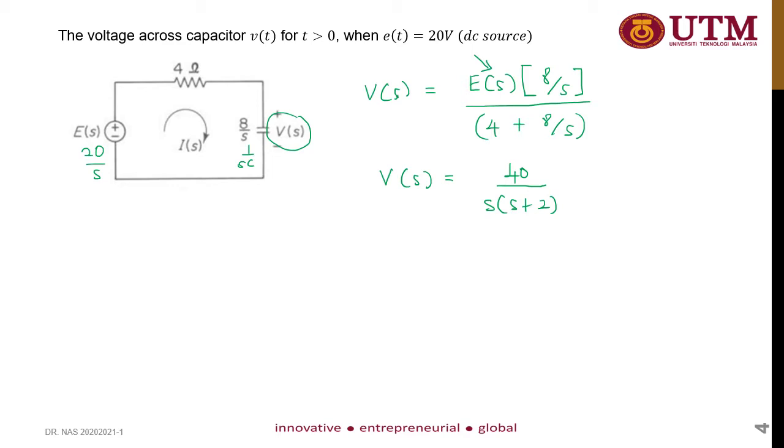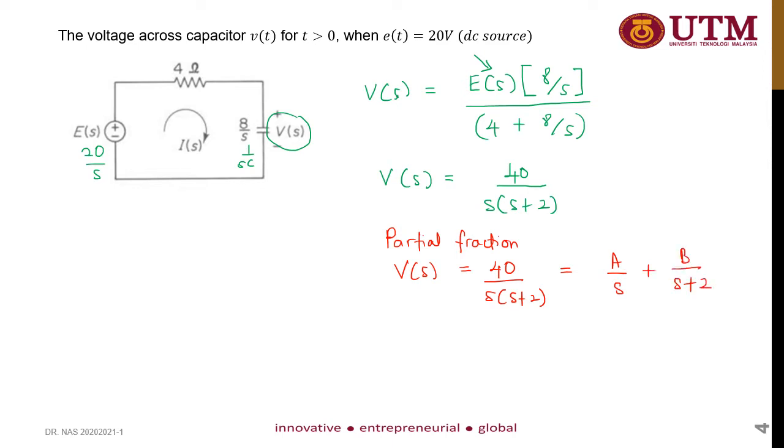From here you can use partial fraction to get the parameters A and B, in which V(s) equal to 40 divided by s plus 2 equal to A over s plus B over s plus 2.